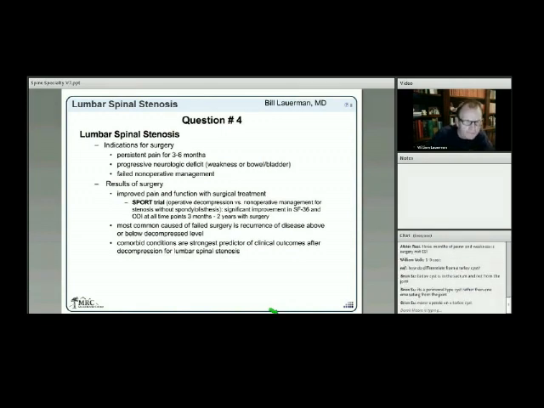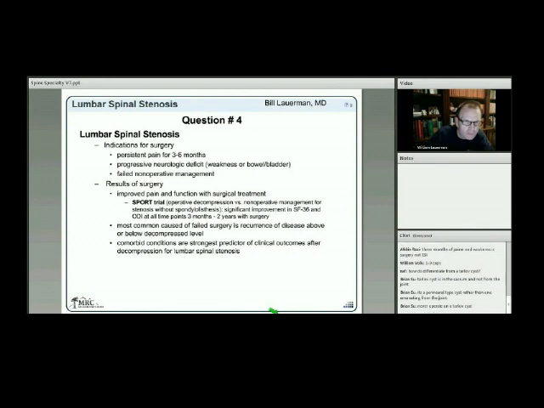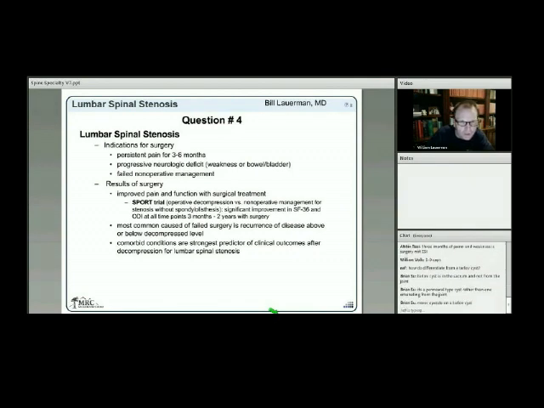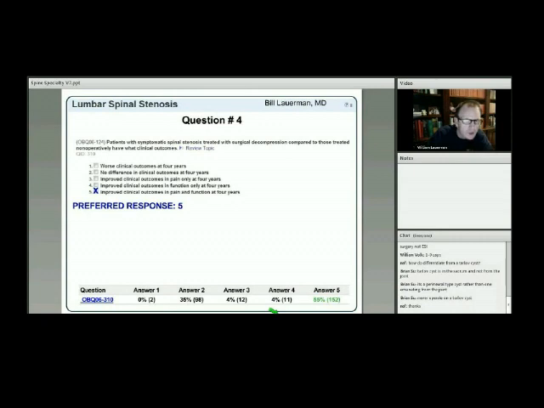Other facts about surgery include that the most common cause of failed surgery is recurrence of the disease above or below the decompressed level, and comorbid conditions are the strongest predictor of clinical outcomes after decompression for spinal stenosis, or at least the strongest predictor of complications.